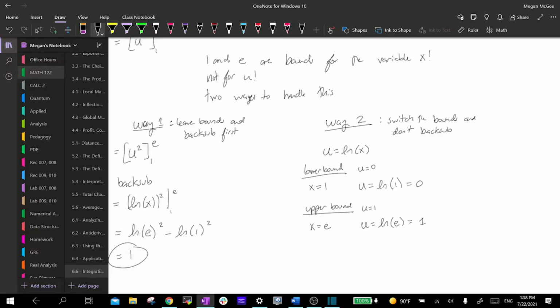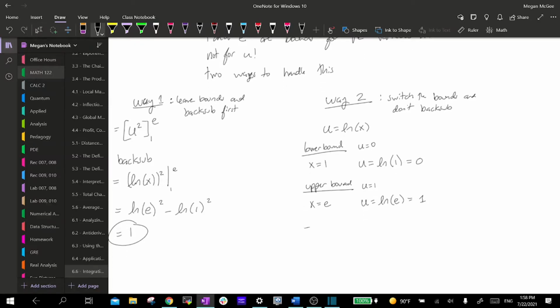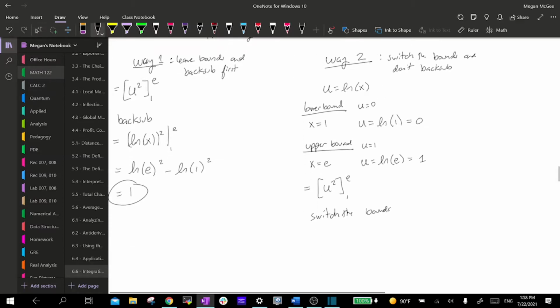All right. So we can start with u squared evaluated from 1 to e, and we can switch the bounds. So now we have u squared evaluated from 0 up to 1.